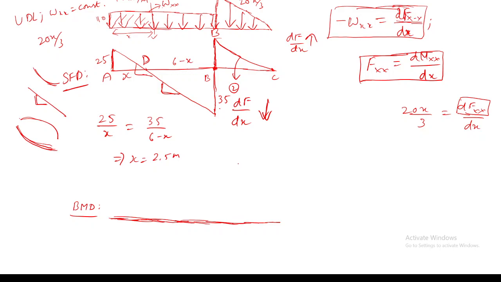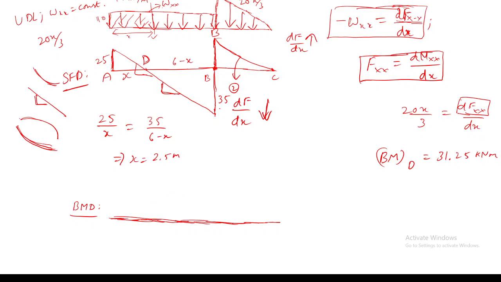Putting 2.5 in the equation. Yes. So what are you getting by putting 2.5 in the equation for AB bending moment? What is the bending moment at point D? 31.25. Yes, 31.25 kilonewton meters.